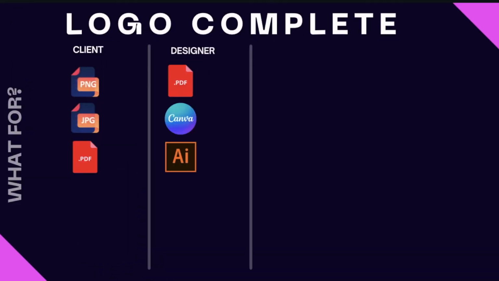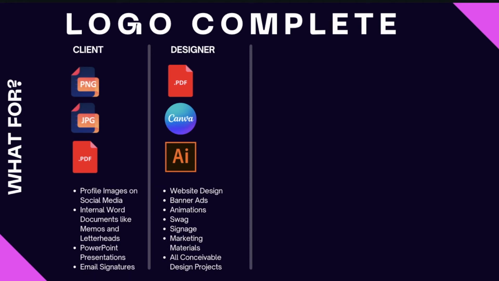So let's have a look at the designer. You have designed the logo and your customer is saying, move my logo to this particular designer because I want them to take over my logo design. Then you need to send the designer a PDF file, a Canva link that you share with them where you've designed your logo, if you've designed it on Canva.